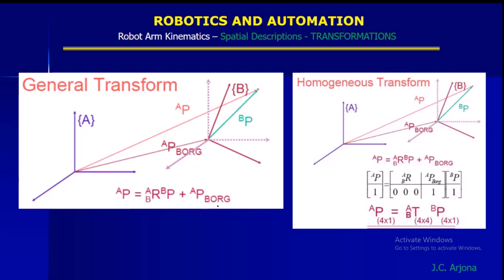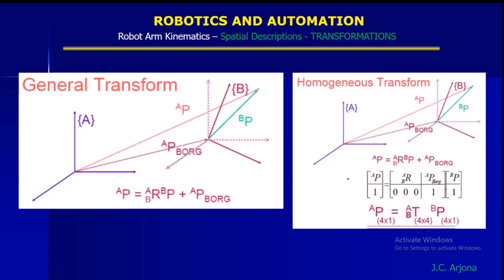So this is our general transformation. In order to determine the P to A, that is equal to P to B, multiply that with the R, B to A, plus PBORG to A. So we will be able to get the final position by using this formula.